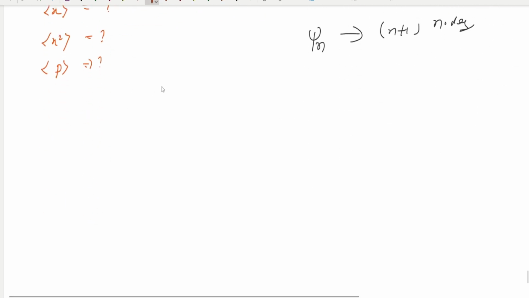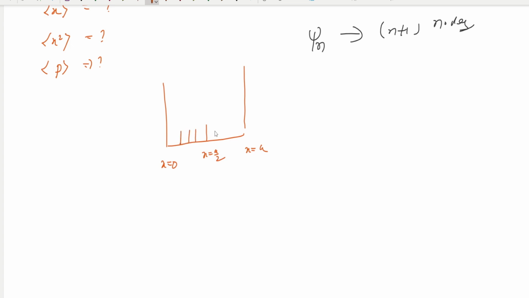In case you want to find this, I'm going to ask one more question here, a different type of question. The potential energy they are giving like this. This is x is equal to 0, this is x is equal to a. If I cut half of the box here at x is equal to a/2, what is the probability here? Then I'm going to use some boundary conditions, and we need to find the potential energy between the two walls.